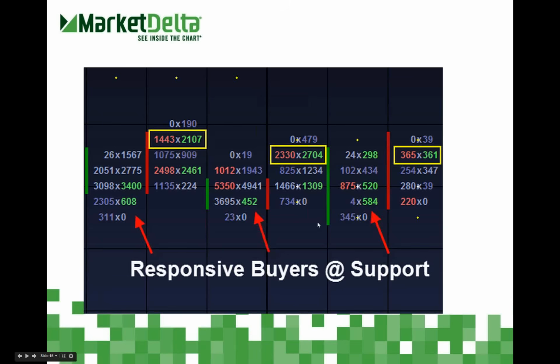What did we see at support? Now don't answer it, because there's hundreds of people in here. I'm not asking you to answer this. Just look at it and think. What did we see at support? We saw buyers, we saw that buy imbalance, buy imbalance, buy imbalance at support. That's what you want to see at support.